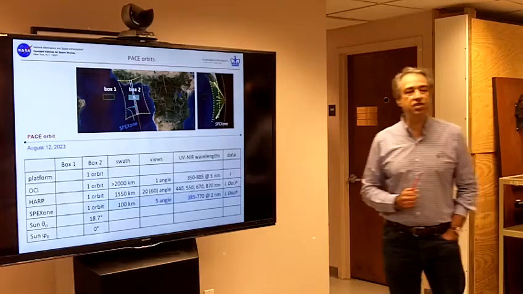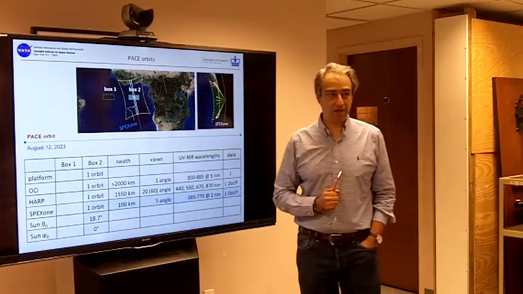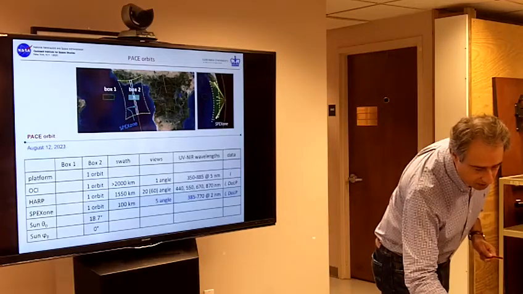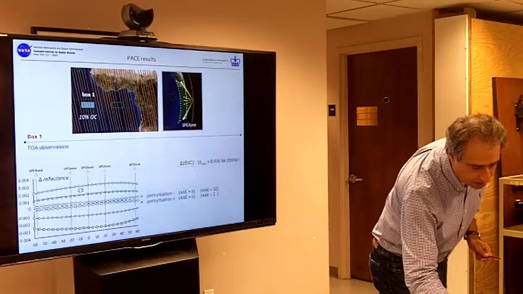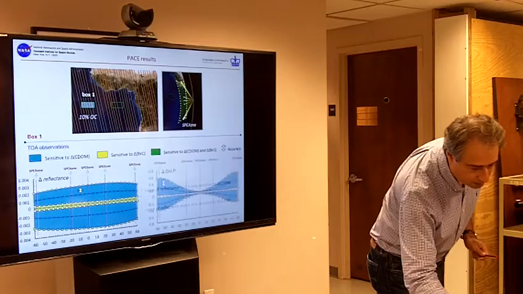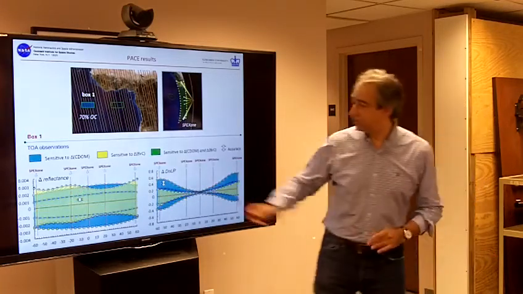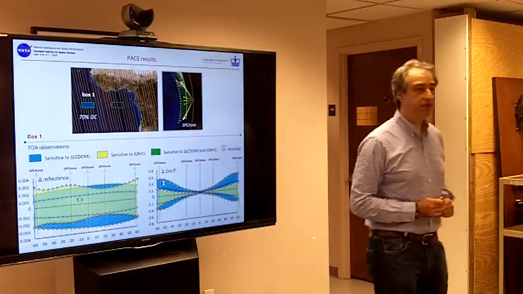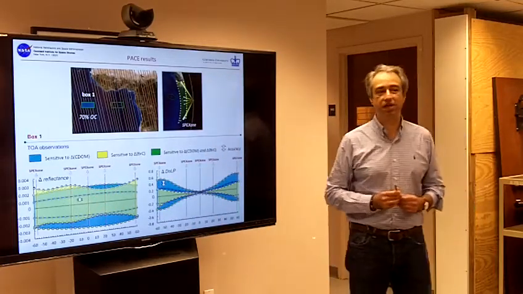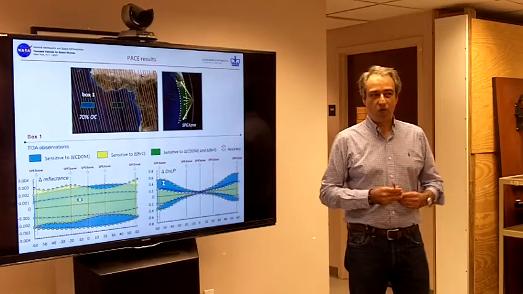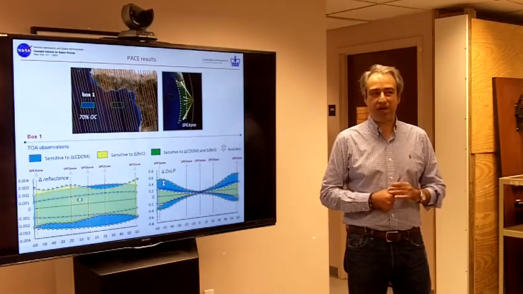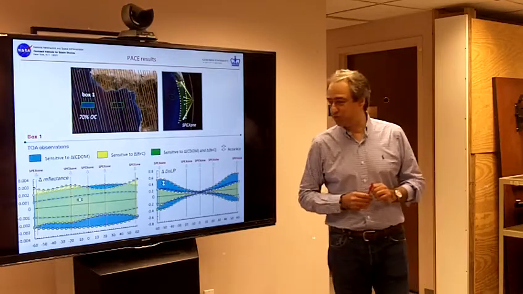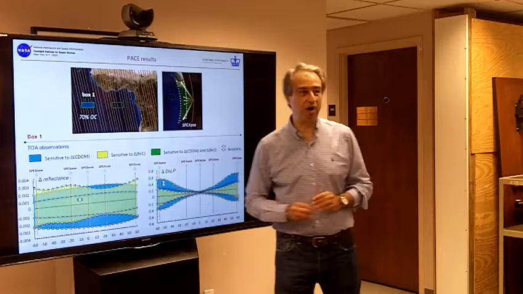So actually it is observing a sun glint. And you see this bump exactly happening where the sun glint is. I suspect that it has to do with the sun glint. I have to think a little bit more about why the sun glint is impacting the perturbations in brown carbon.